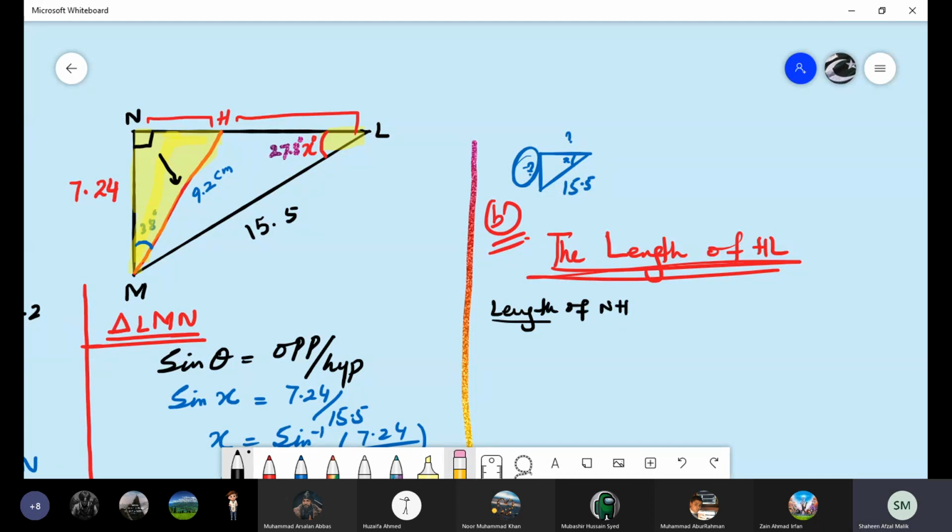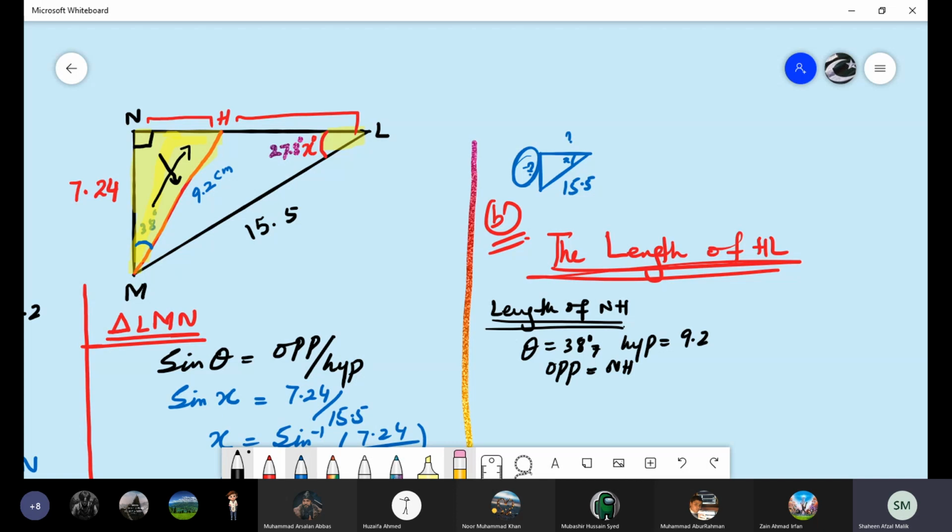How can you find the length of NH? Ma'am, angle is 38 degrees. Yes, theta is 38 degrees. Then hypotenuse is 9.2. So can you find the opposite? Cos, ma'am. Opposite is NH. Sine. This is opposite, my dear.